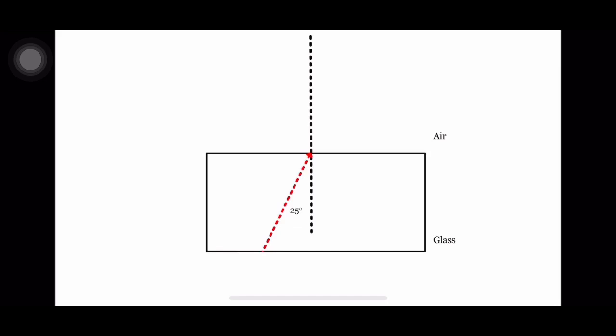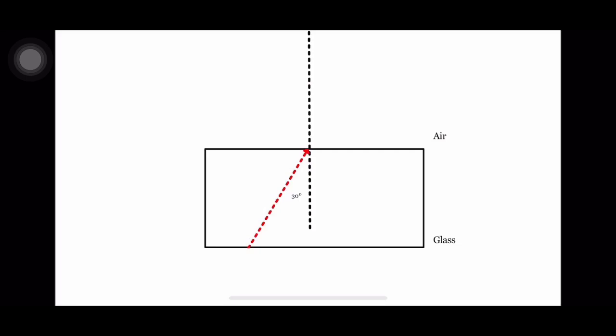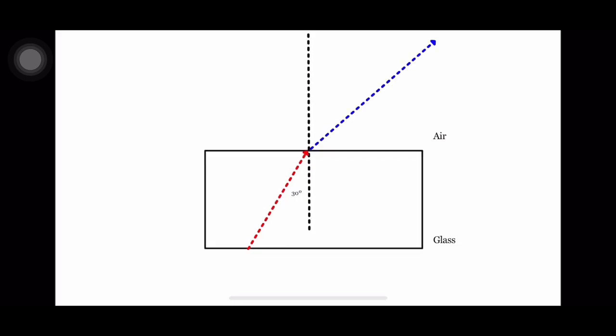Let's assume that a light ray originates from inside the glass at a 25-degree angle. As it goes out of the interface, it bends away from the normal at an angle of 39.2 degrees. Then we increase the angle of incidence to 30 degrees, and we get an angle of refraction of 48.6 degrees.